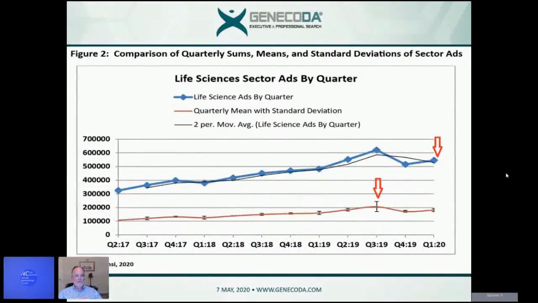Moving on to figure 2, this particular slide covers the comparison of quarterly sums, means, and standard deviations of sector ads. As we get into this, I wanted to take the opportunity to speak, if you're unfamiliar with moving averages and statistics. A moving average is a calculation to analyze data points by creating a series of averages of different subsets of the full data set.